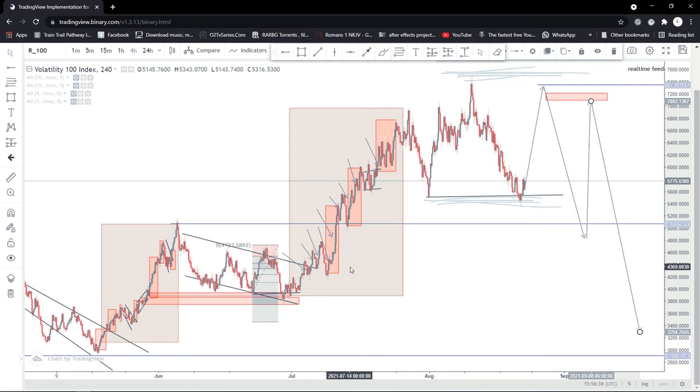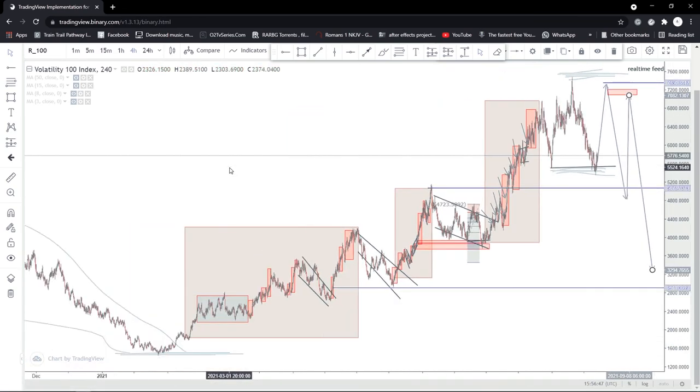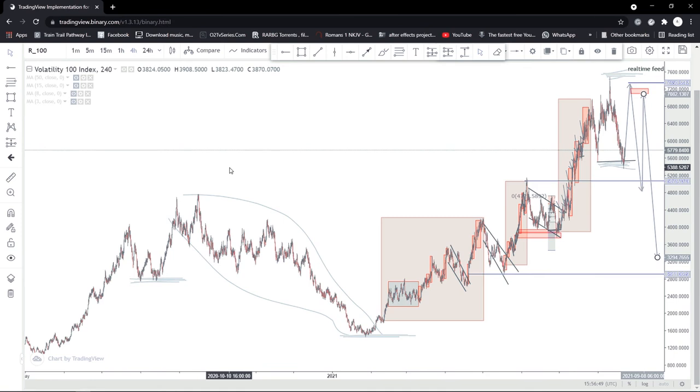And then your OP will be somewhere here, guys. Focus guys. Your OP will be somewhere here. When it comes back, it will come back to your OP, and then it starts to move down. So guys, this is how price moves. You need to be able to see these moves.